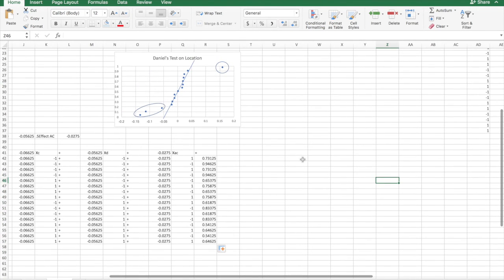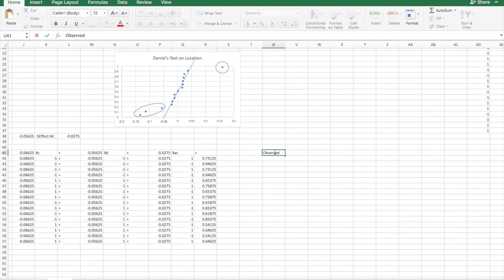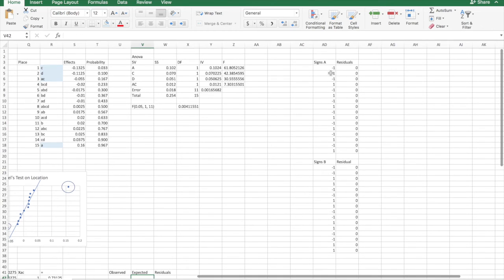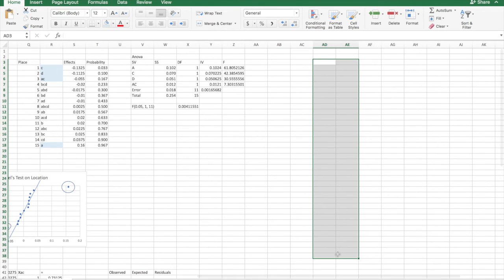Now to get the residuals we have to do the observed minus the expected. So for simplicity we can write the observed, the expected, and then the residuals. Okay, now I'm going to erase this because this is for the next point.